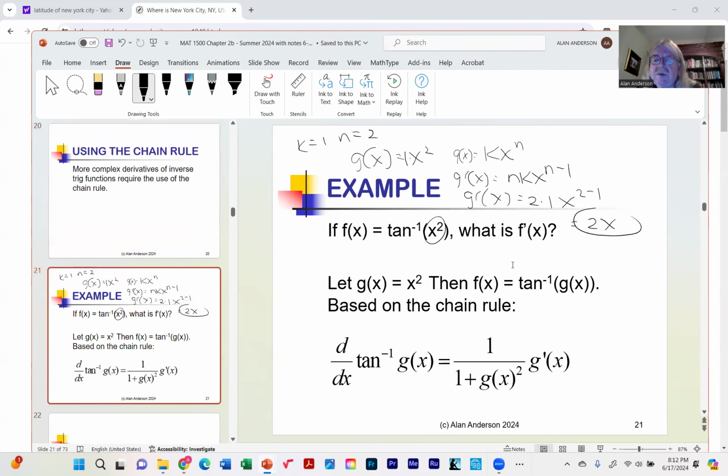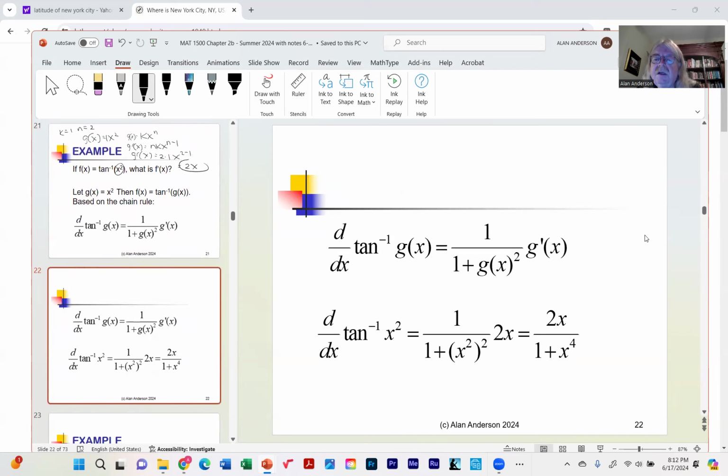Really, it's just a simple matter of replacing g of x with x squared. Be careful here, because it's x squared that's being squared. And g prime of x we proved is equal to 2x. So in the denominator, you've actually got 1 plus x to the fourth, and then you can move this to the numerator, and you end up with 2x over 1 plus x to the fourth.